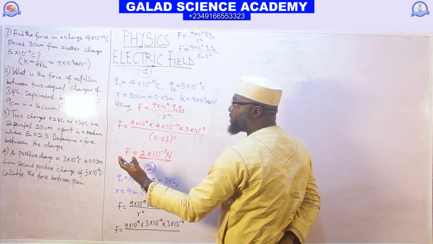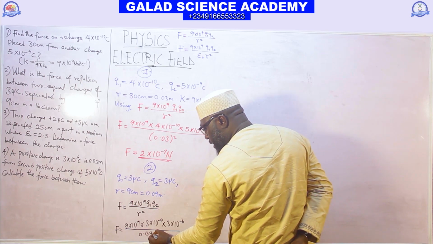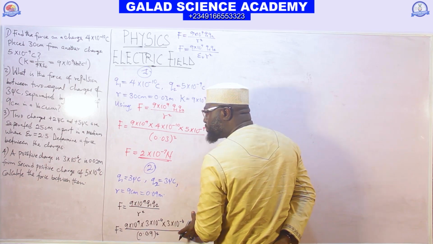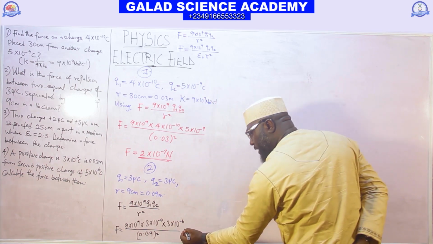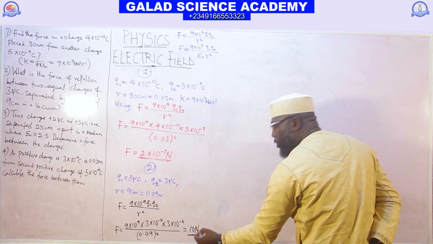R is 0.09 meter, everything squared. By pressing the calculator, the final answer we have here should be 10 Newton.